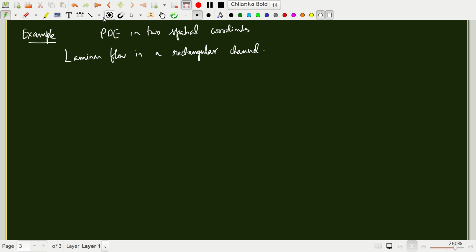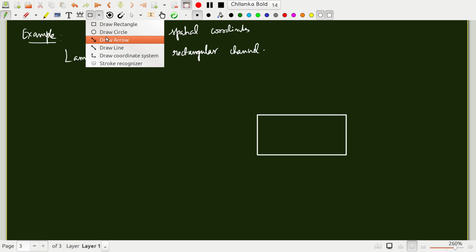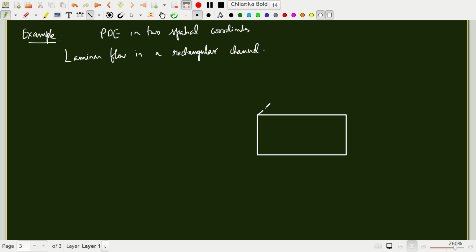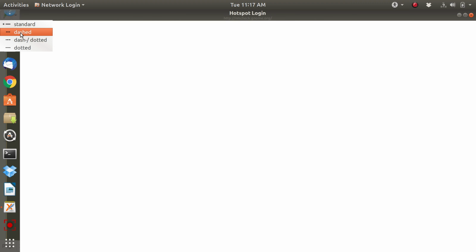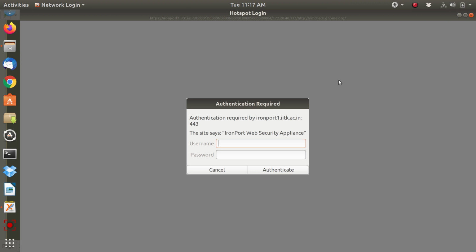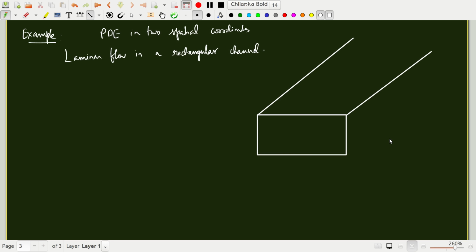Let me draw a rectangle first. Sorry about this.